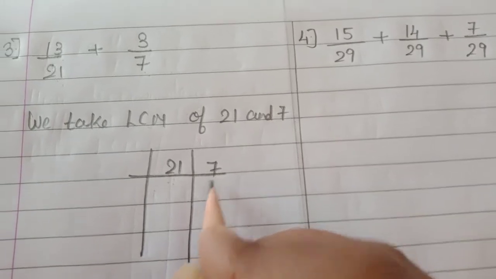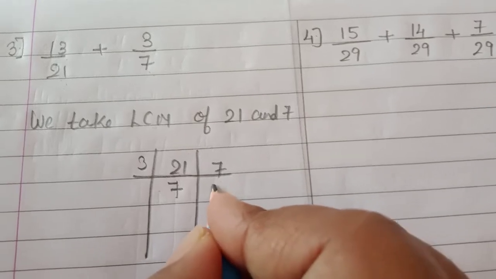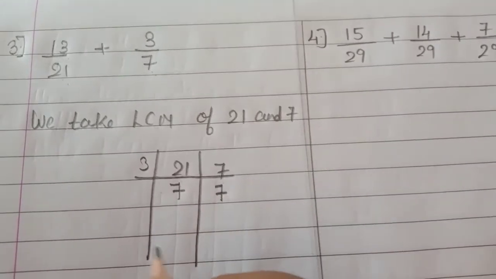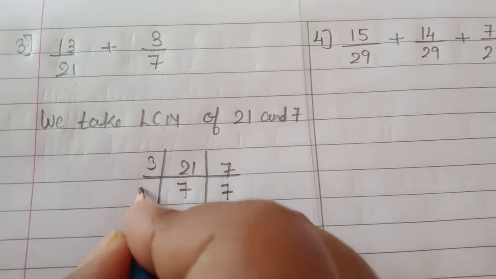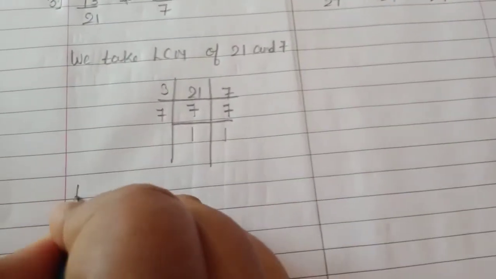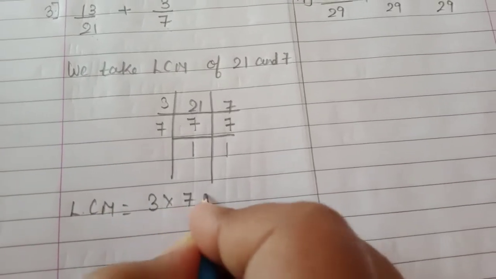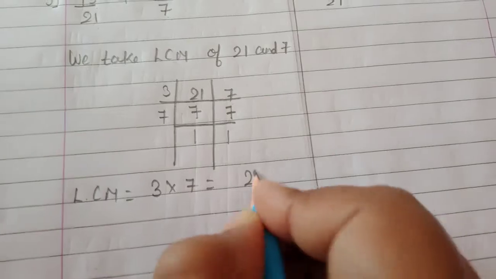So we will move to the 3 table. 3 7s are 21. In the 3 table, 7 will not come, so we will carry it down. 7 will come in the 7 table, 7 1s are 7. So here we will write LCM equal to 3 multiplied by 7. So 3 7s are 21. So what is the LCM? 21. So we will make the denominator 21.